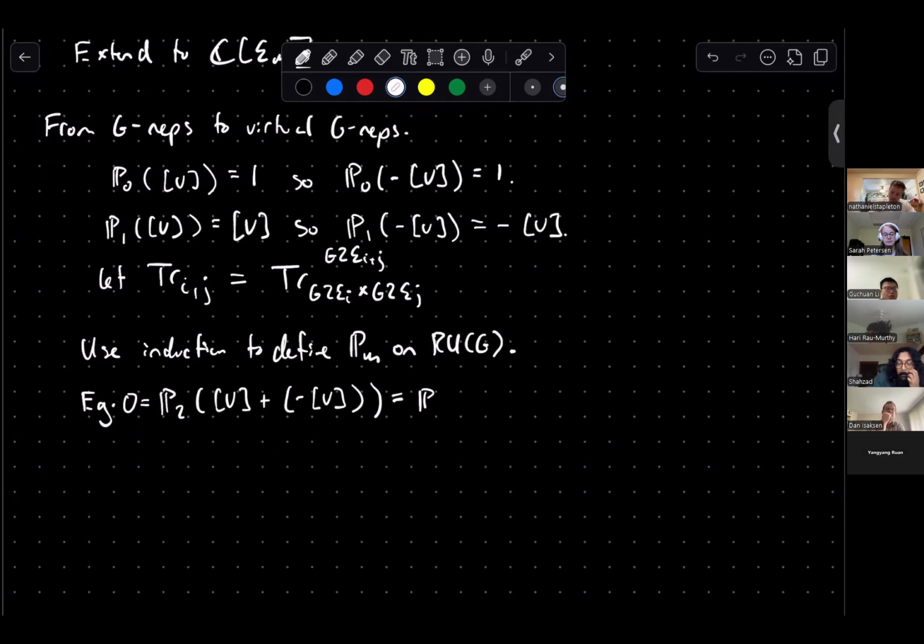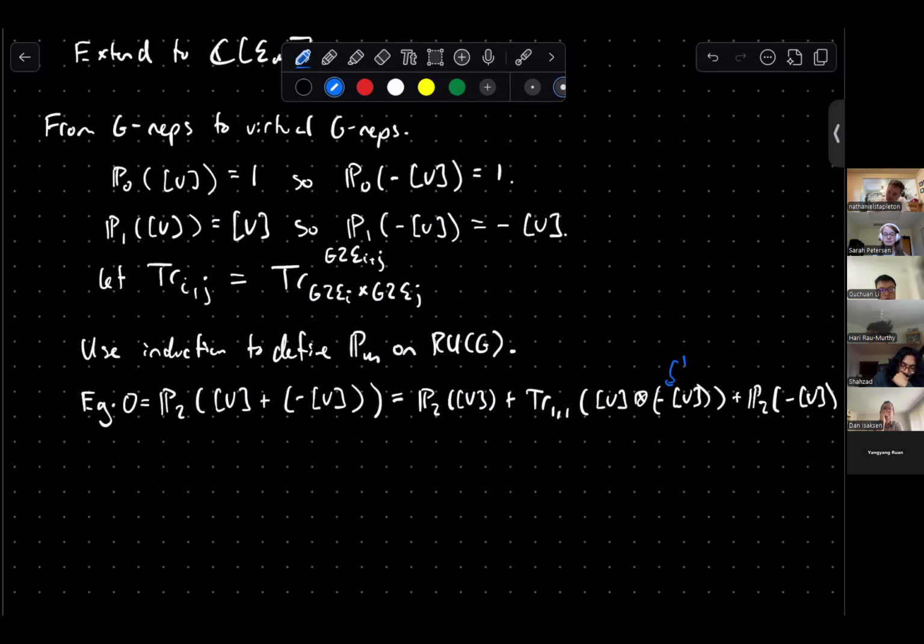So what we get when we try to do that is that we get P2 of V plus TR11 of V box times minus V plus P2 of minus V. But this minus sign that's here, which you might be concerned about, well, everything's linear.